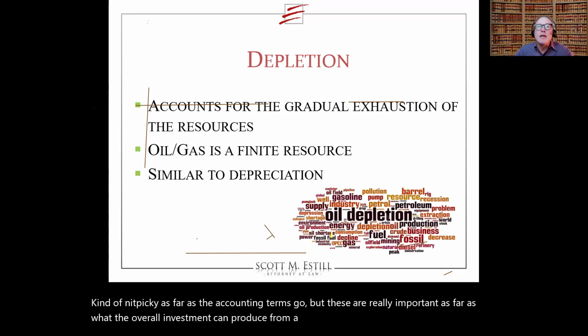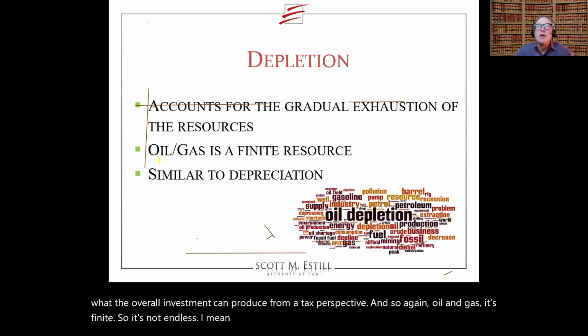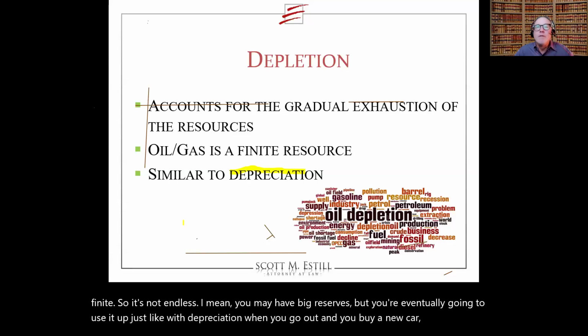And so, again, oil and gas, it's finite. So it's not endless. I mean, you may have big reserves, but you're eventually going to use it up. Just like with depreciation, when you buy a new car, you buy a new computer, eventually it's not going to work anymore.